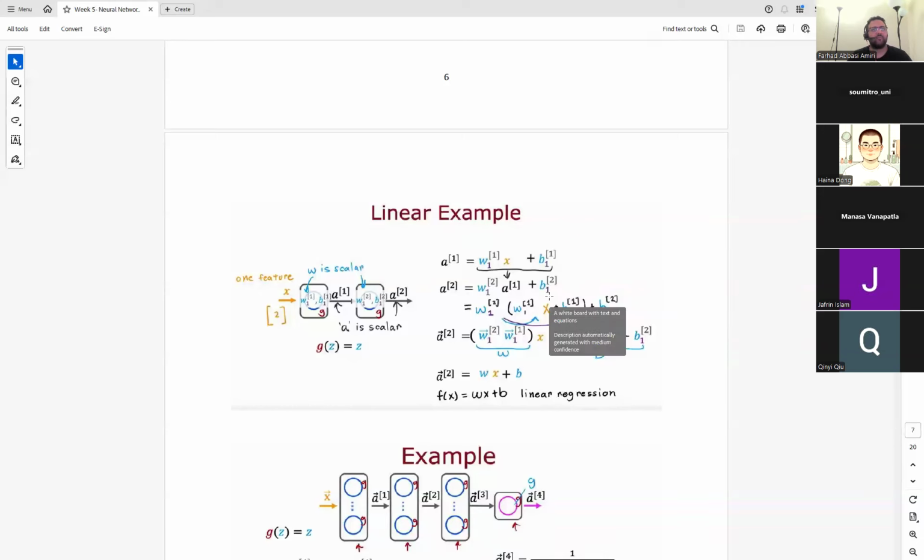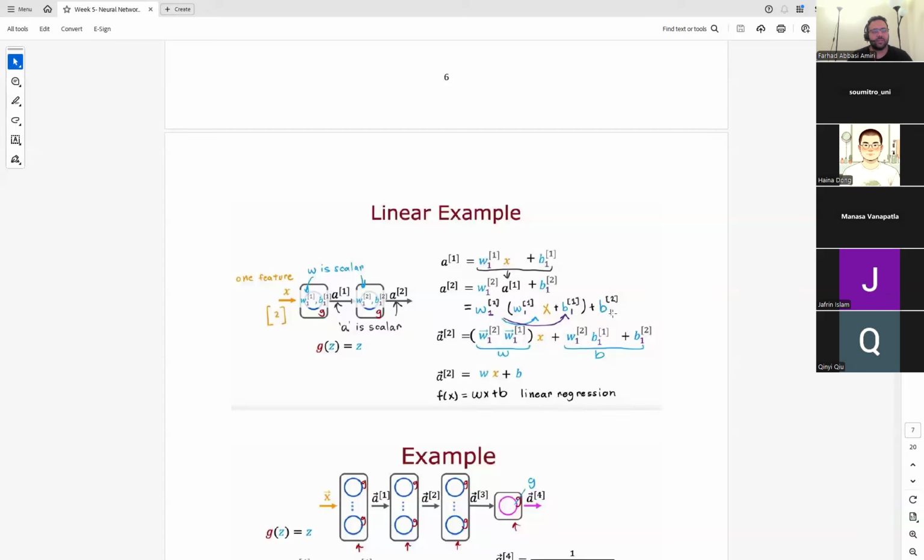And if we replace A superscript 1 with its expression, we have this expression.